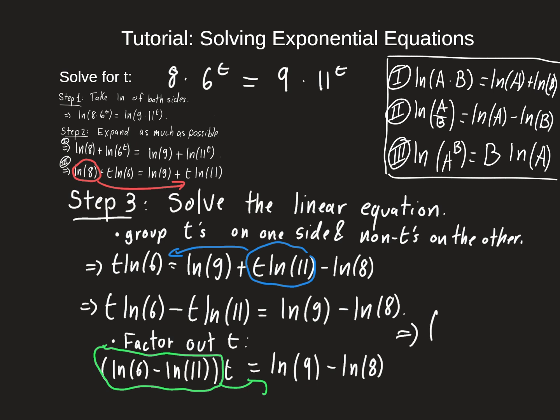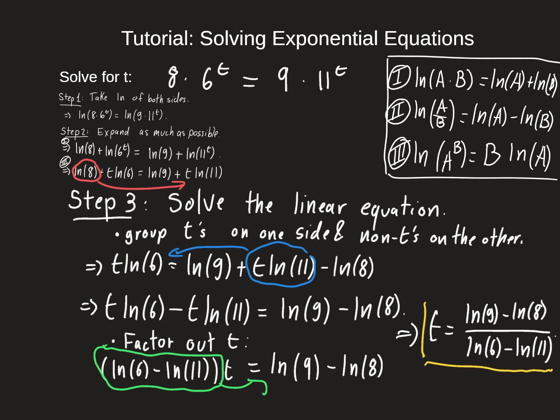So in the end, we will get that t is equal to ln of 9 minus ln of 8, divided by ln of 6 minus ln of 11. And this is our final answer.